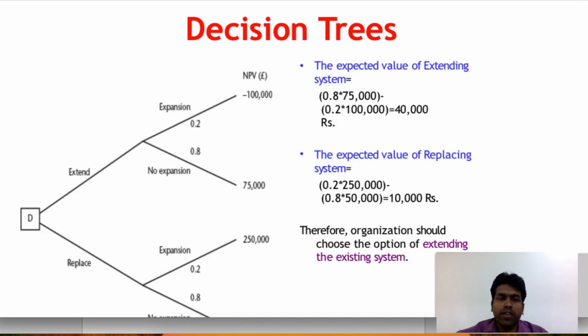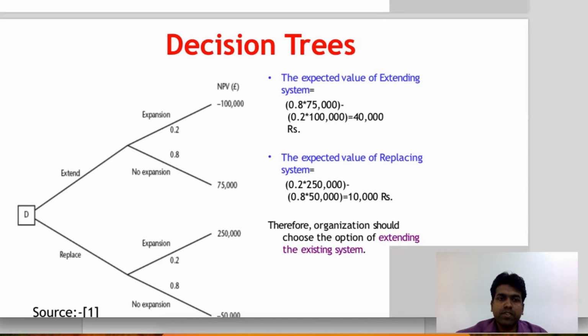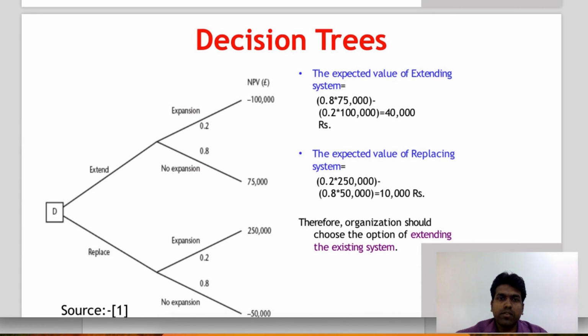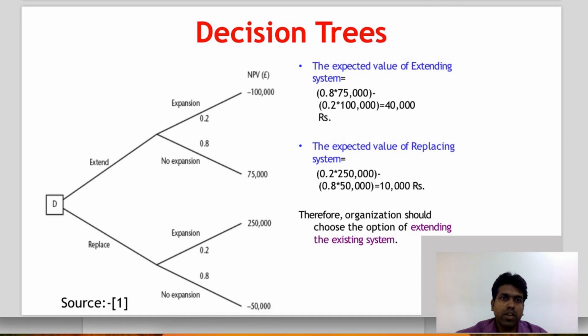So as we can see here, in this example, this is the decision point, and as I told you, extension or replacement, there are two decisions we can take. Either we can extend it or we can replace it.